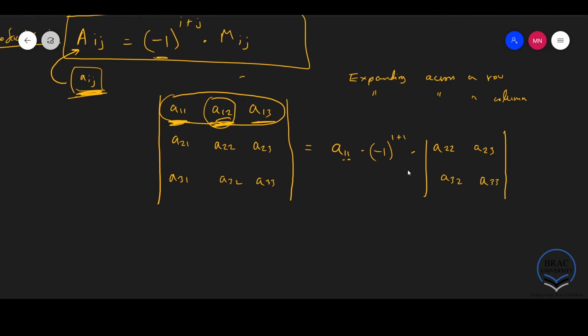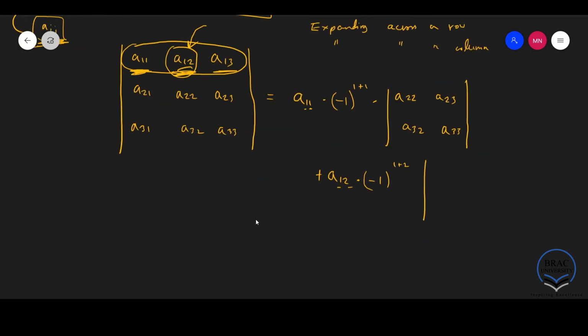And then I move on to this entry A12. So then I have plus A12 times its cofactor. So I will have -1 to the power of 1 plus 2 times its minor, the minor of A12. So I will have A21, A23, A31, A33.